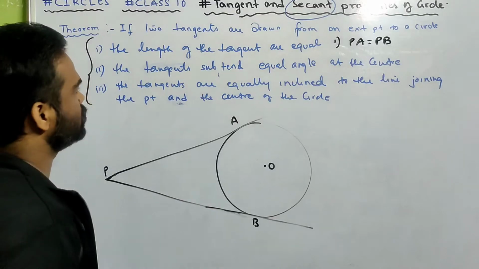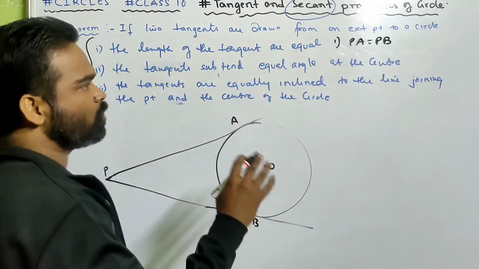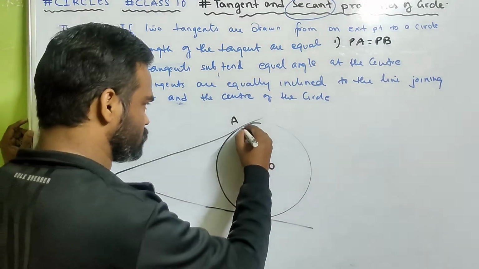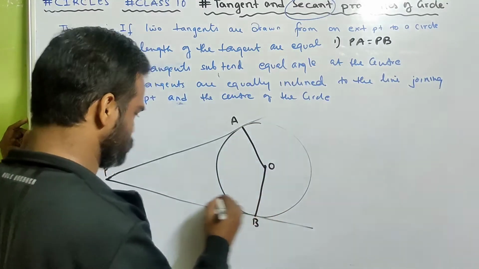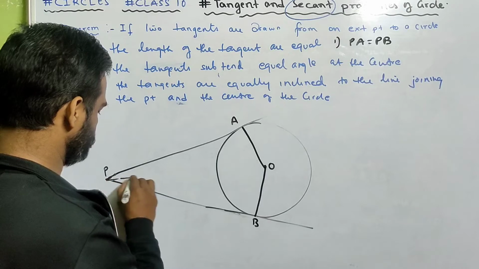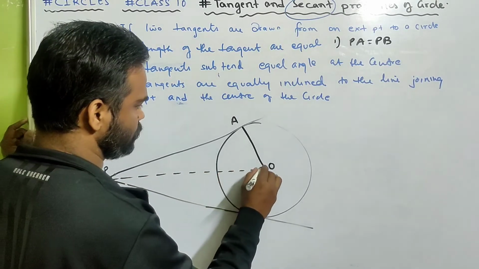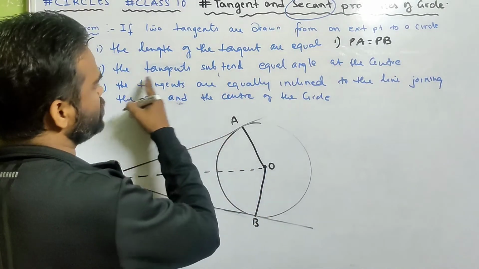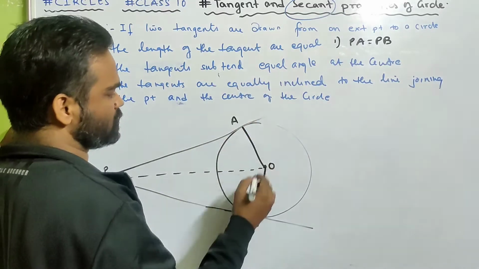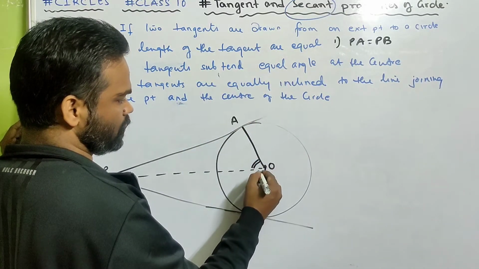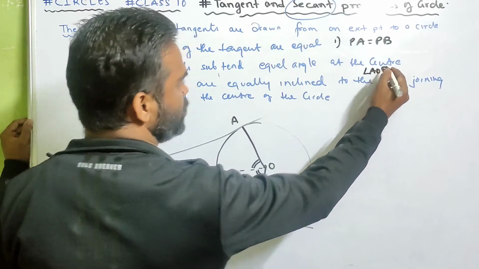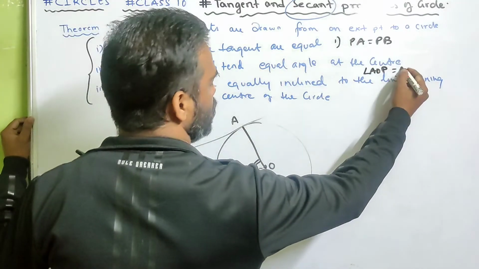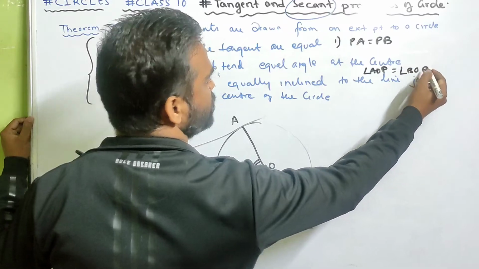We'll prove it. The tangent subtend equal angle at the center, which means join this, and if we join this, then the tangent subtend equal angle at the center, which means this angle and this angle is same. Angle AOP and angle BOP is same.